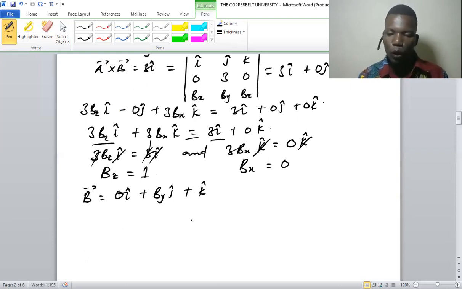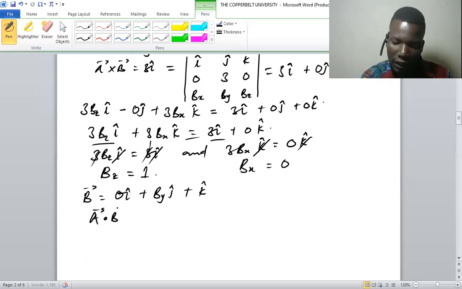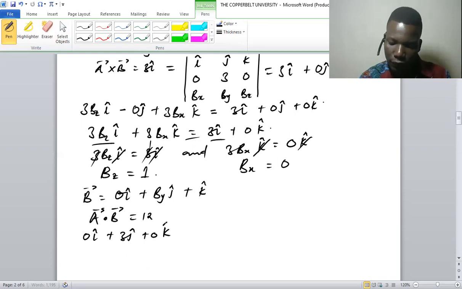We go to the next statement, which says when we dot vector a and vector b, we get 12. Remember vector a is actually 0i plus 3j plus 0k.